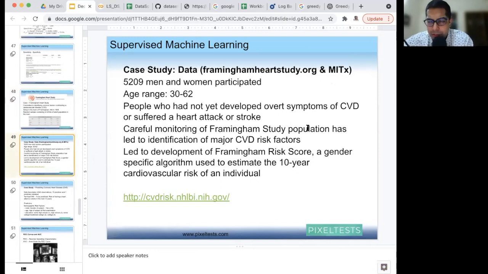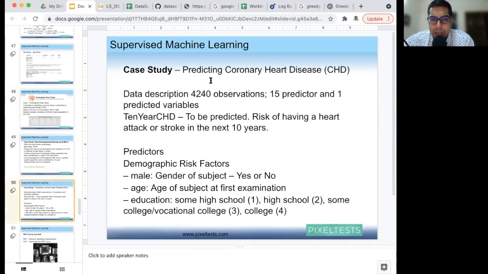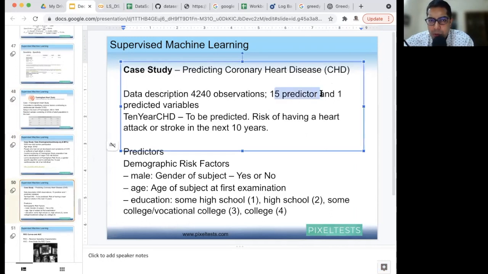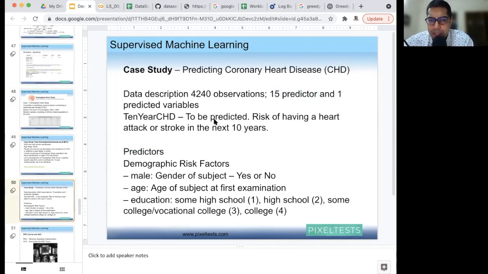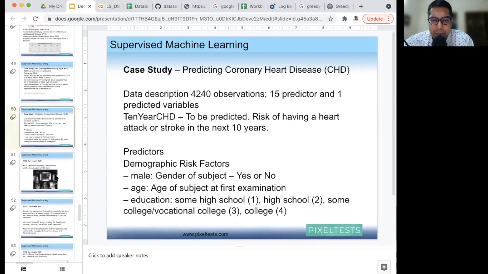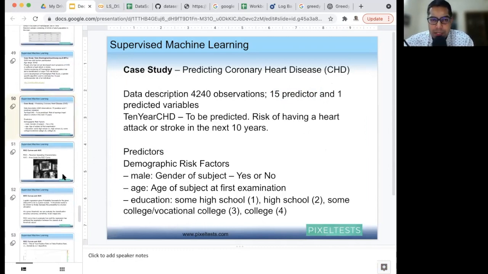Again, lots of healthcare examples because I love them. That's very important. And you're supposed to predict stroke, right? So these are CHDs. You have 15 predictors and 1 target, and you're trying to predict, over the next 10 years, would you have a heart attack or not, right? I will give you the data set when you ask me, because this is a really good data set.